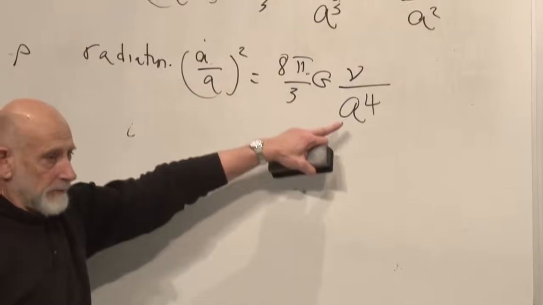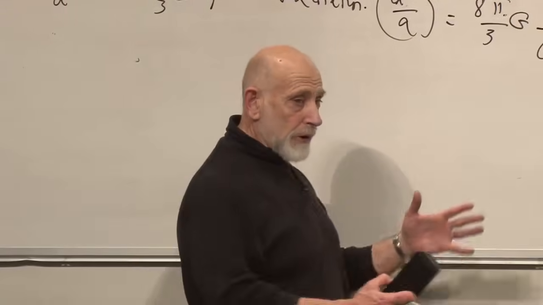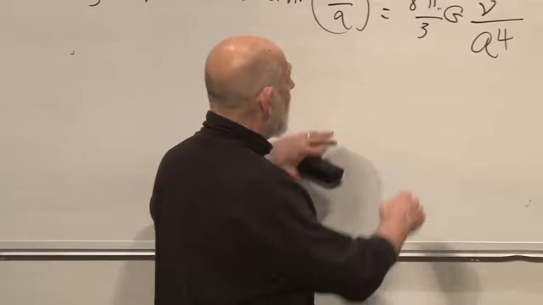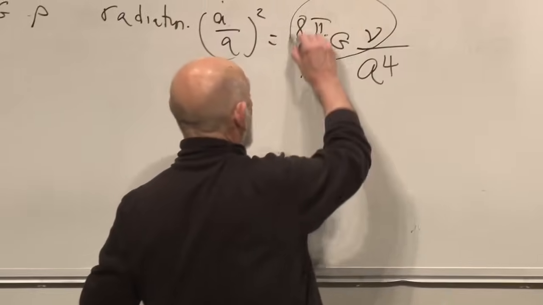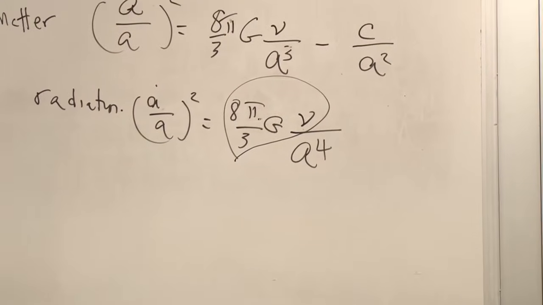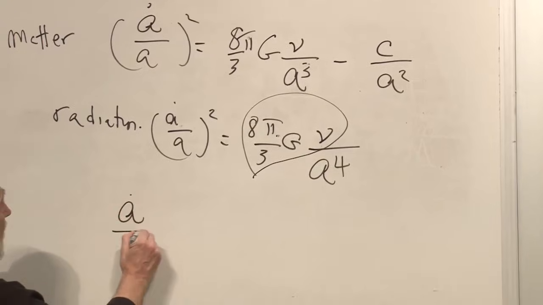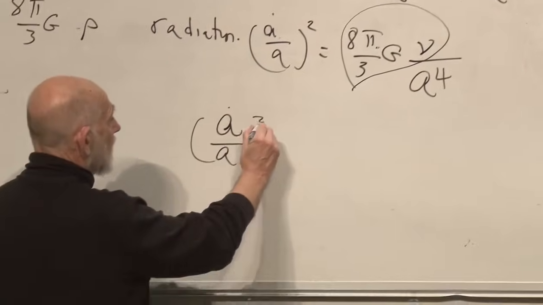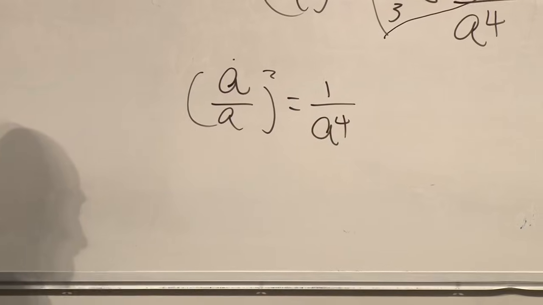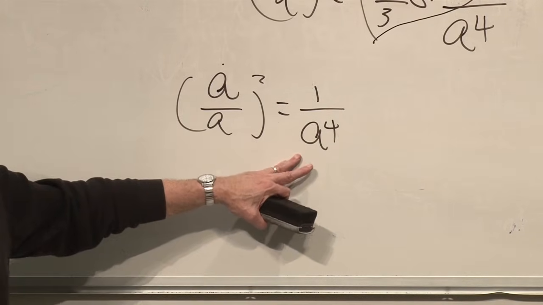By appropriate choice of the size of the grid, you can make all the constants be 1, so it's just A dot over A squared is 1 divided by A to the 4th. What was it before? Do you remember? 1 over A cubed. Okay.